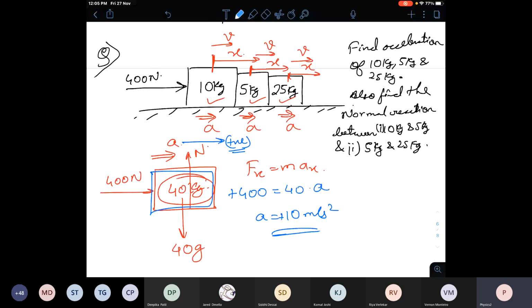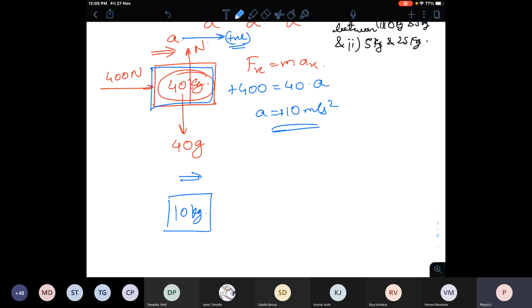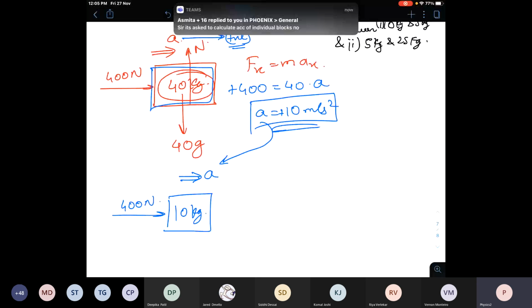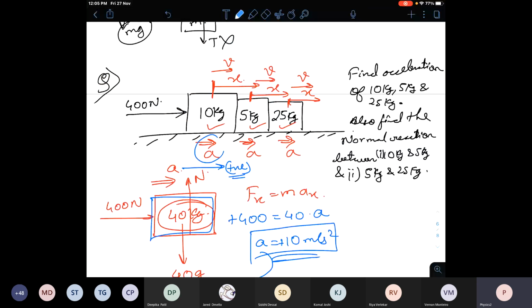In the horizontal direction, you can see it has some acceleration a. We have already calculated the magnitude of a, so we can use it over here. Also, our force of 400 Newton is acting on the 10 kg block, so I have drawn this force also. Whatever is the acceleration of the individual blocks is the same acceleration the combined block has.